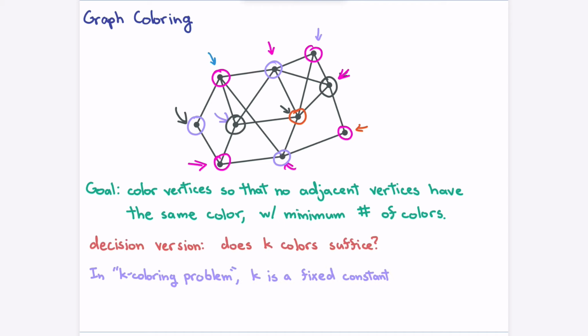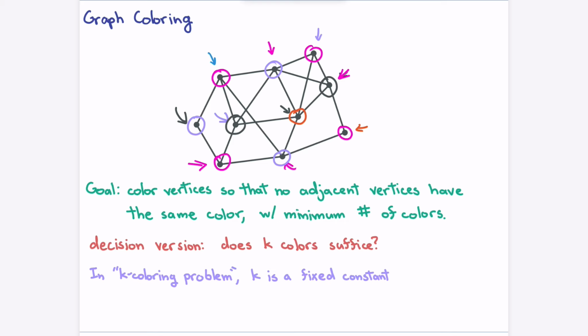Of course I can turn this into a yes/no question by saying, is 5 colors enough? And you just have to answer yes or no. And then sometimes you can pose it as the minimum number of colors, or you can say K coloring, where K is part of the name of the problem, so you can treat it as a constant. So like 3 coloring, 4 coloring, 2 coloring, just like 3 SAT, 4 SAT, 5 SAT, right?